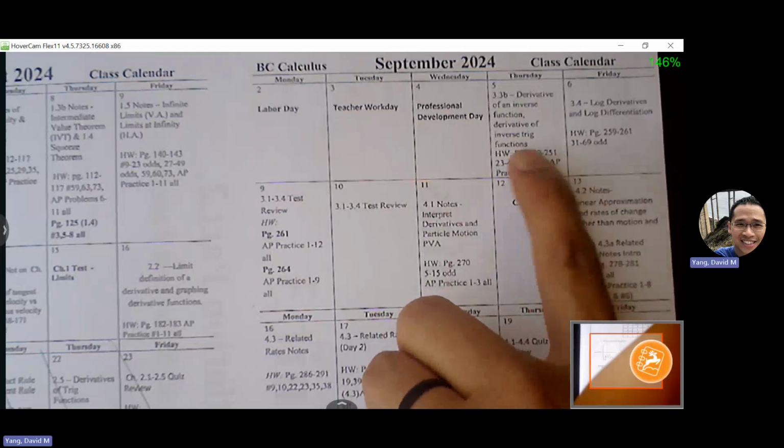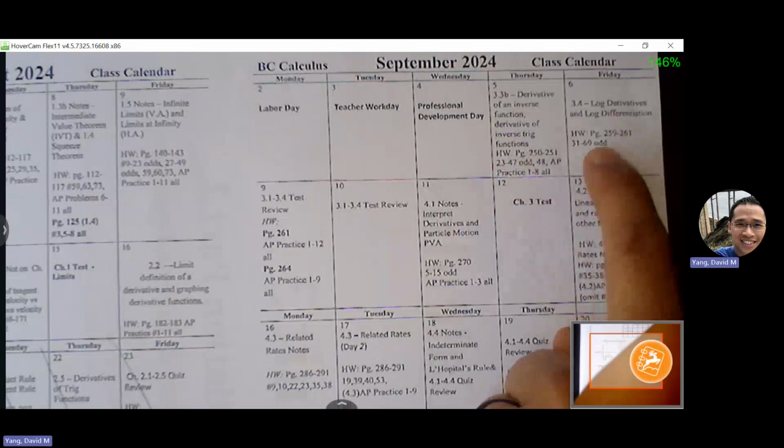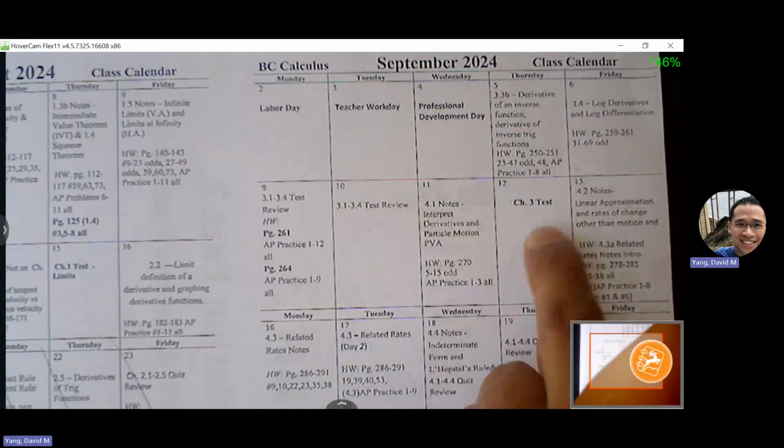So we're a little bit ahead, which is good. I may try to get ahead so we can have more days of practice before your test.